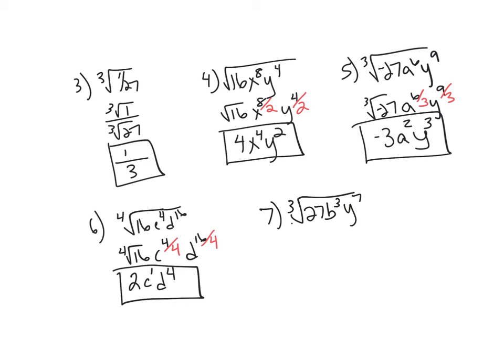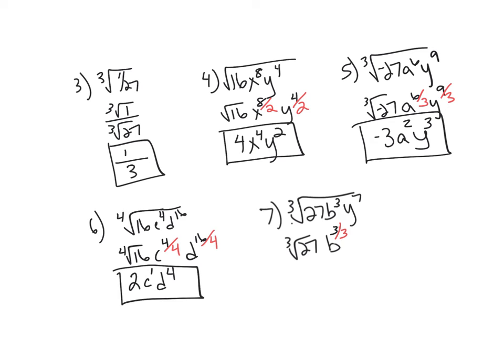Okay, so we can split this up as taking the cube root of the first, 27. Remember that the radical we can rewrite as a fraction. So we can have this divided by 3. Now notice here, 7 will not divide evenly.